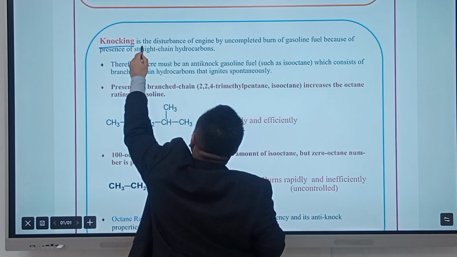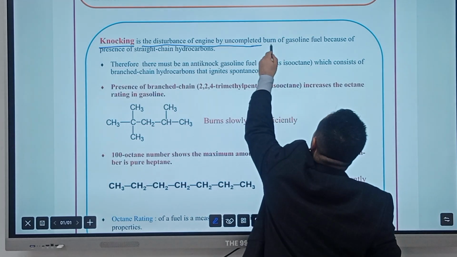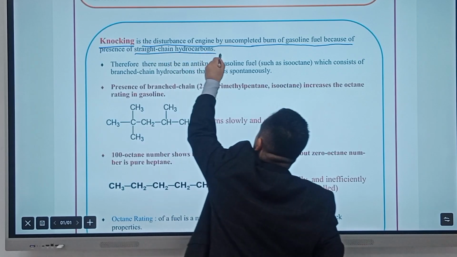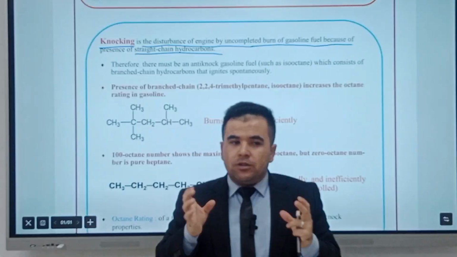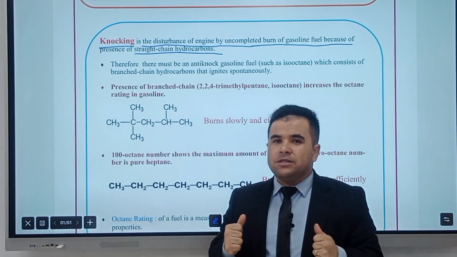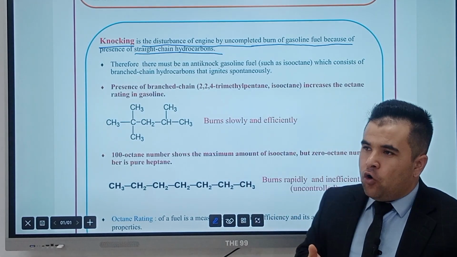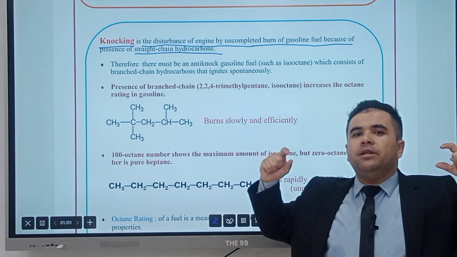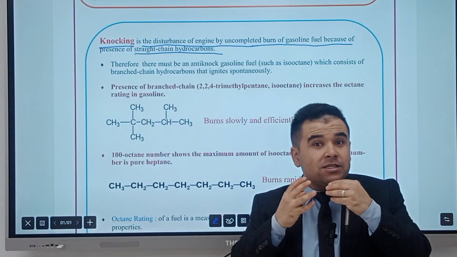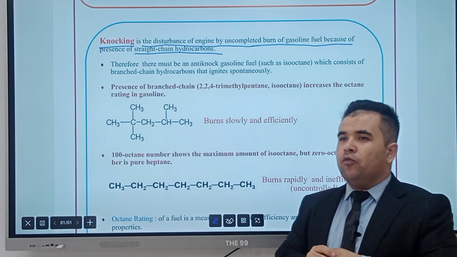So the knocking is the disturbance of the engine by incomplete burn of gasoline fuel because of the presence of straight chain hydrocarbons. So what's the reason behind knocking? The straight chain hydrocarbons do not combust completely, and as they do not combust completely, there will be knocking in the engine of the cars.